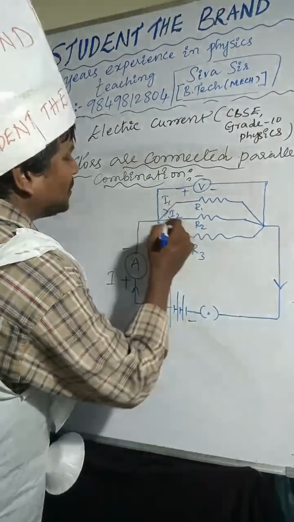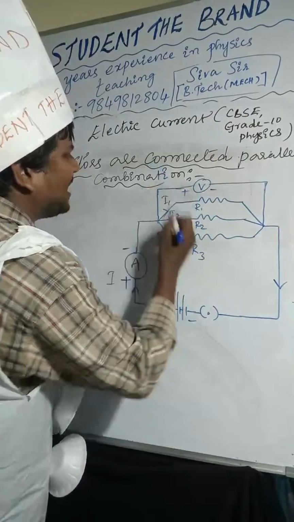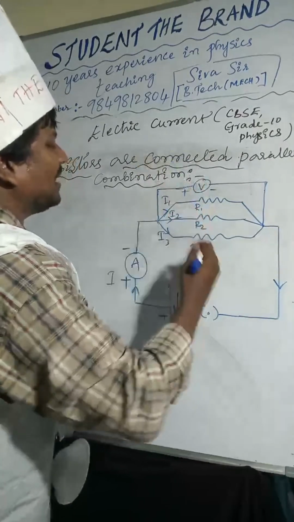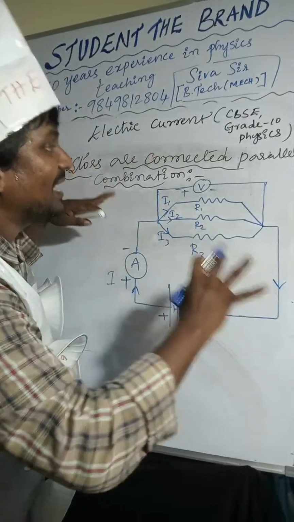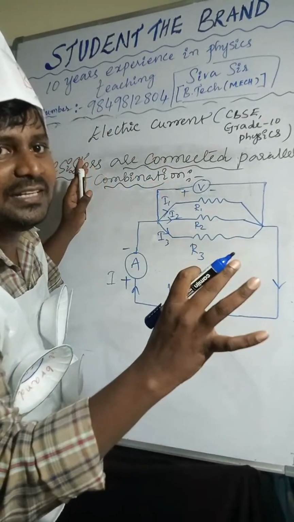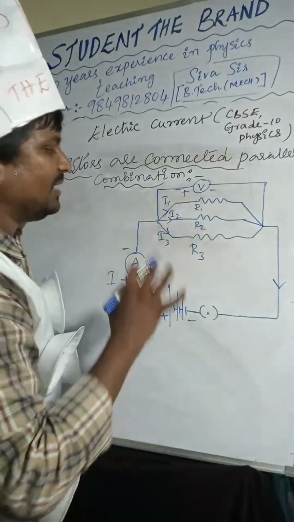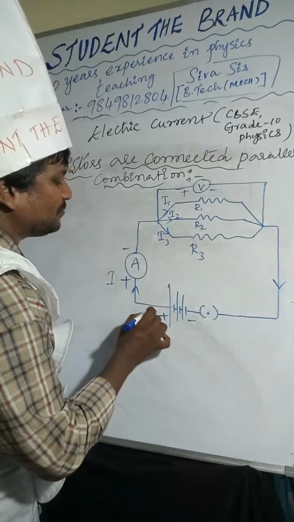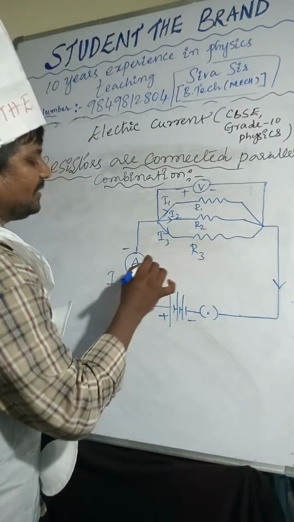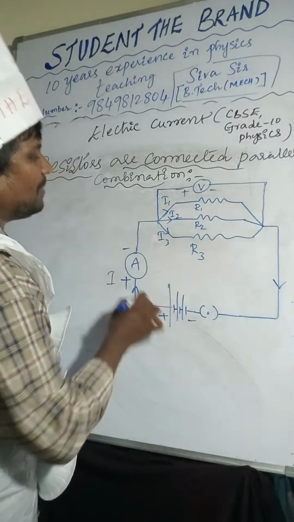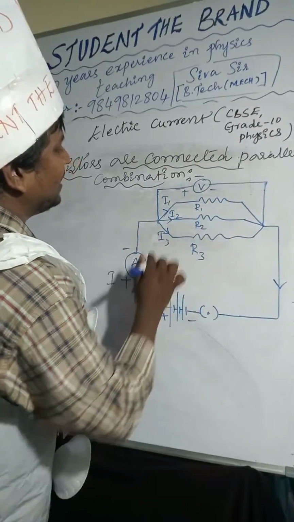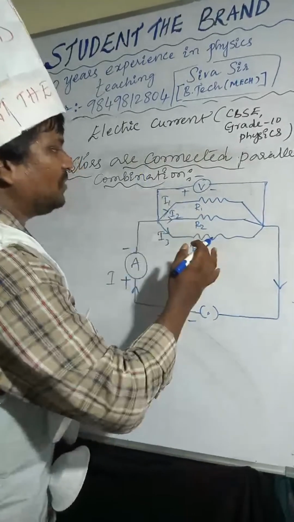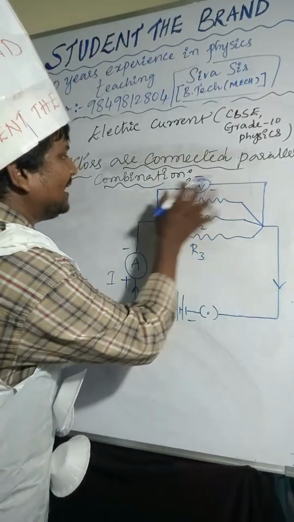Current I flows from the battery and divides through R1, R2, R3 as I1, I2, I3. I am saying current is dividing in a parallel combination. Here you have to understand one thing: the potential difference is the same.